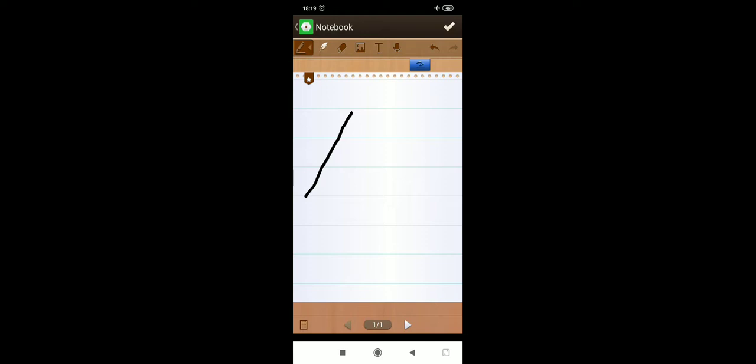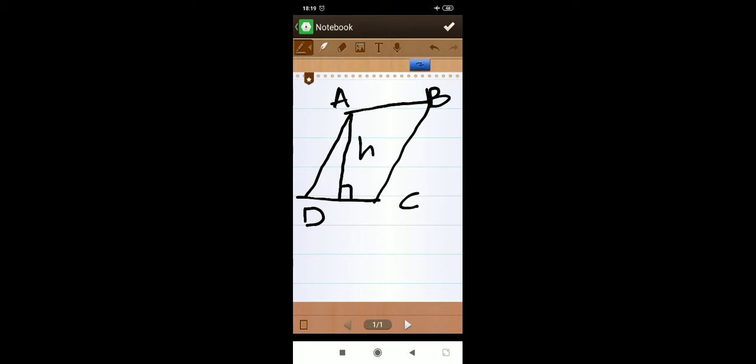Here I am considering a parallelogram ABCD. Here there is a perpendicular height h. Let me take this base as B. Keep this figure in your mind.